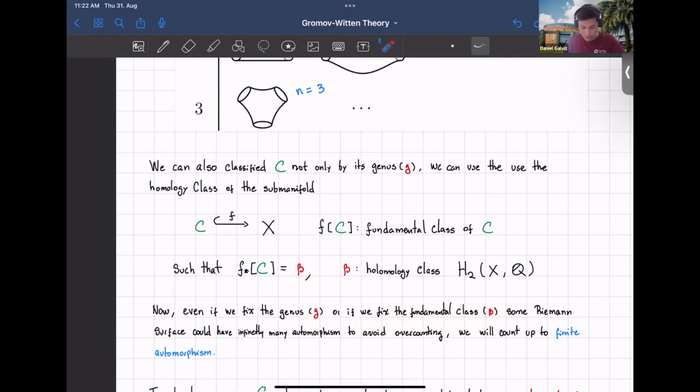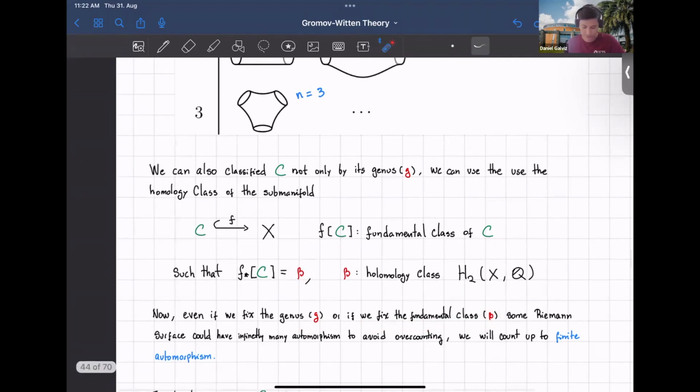Now, even if we fix the genus g, or if we fix the fundamental class beta, some Riemann surface could have infinitely many automorphisms, which is what I just mentioned. So, of course, you want to avoid overcounting, right? So we will count up to finite automorphisms. This is when you really define the moduli space, because when you have a set of something modulo an equivalence relation, you are just defining the concept of moduli space.